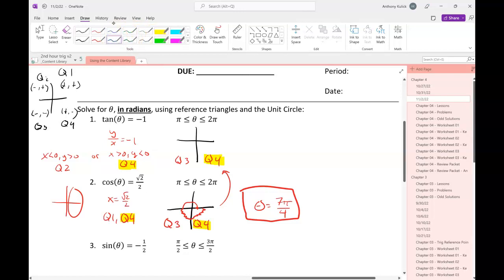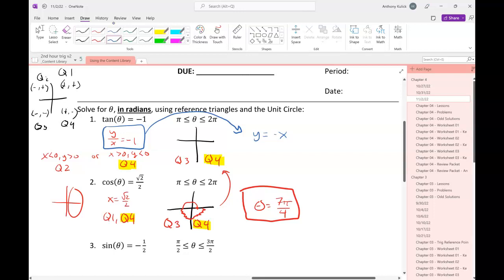So tangent's a little bit tricky now on what I'm looking for on the unit circle. If I take my equation, y over x has to equal -1. If I multiply both sides by x, I get that y has to be the negative of x.